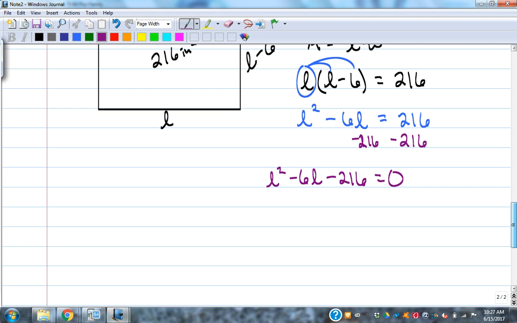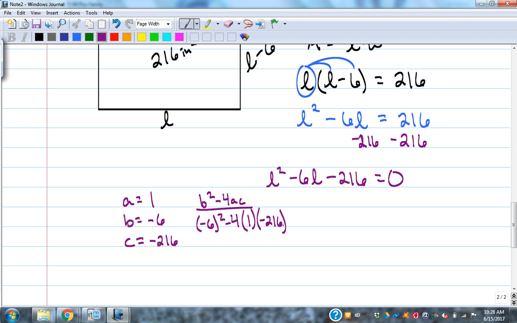So I'm just going to go ahead and do the quadratic formula with A being 1, B is -6, and C is -216. So, B squared minus 4AC, get that number. And definitely going to use the calculator to help me there.